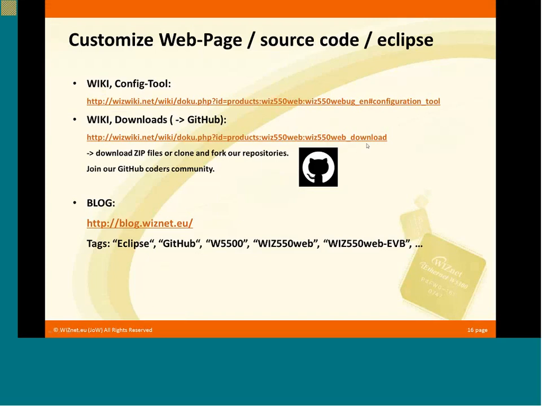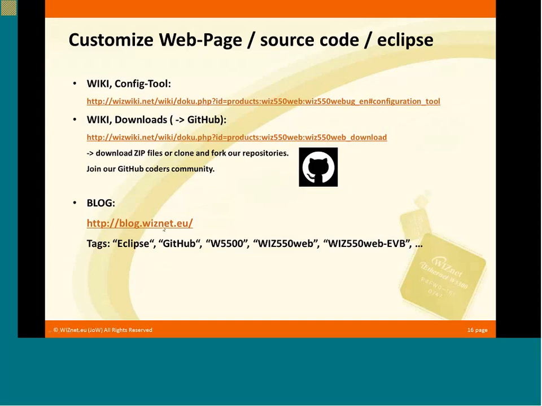In the same wiki, we have a page for all those downloads Tobias showed you a few seconds ago, with a link to GitHub. In the GitHub, you can download the zip files, clone and fork our repository, and become part of our community if you like.